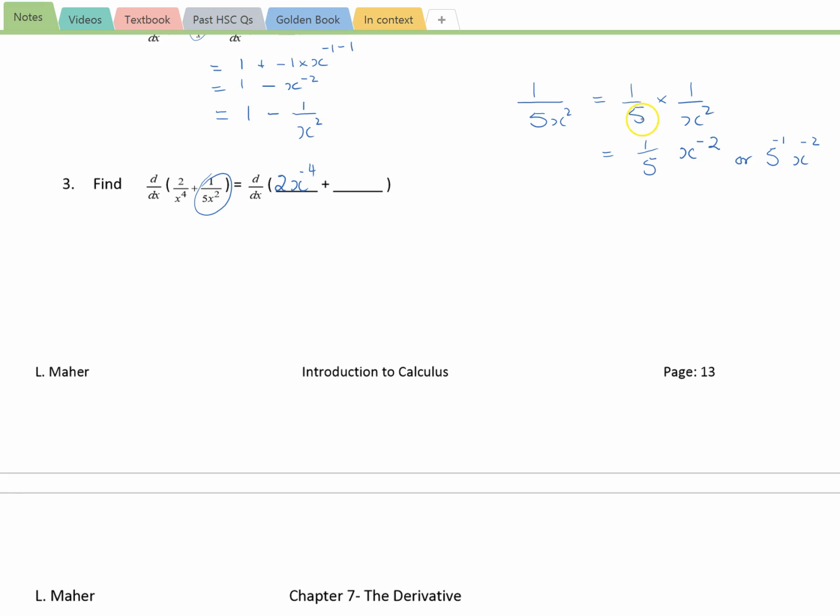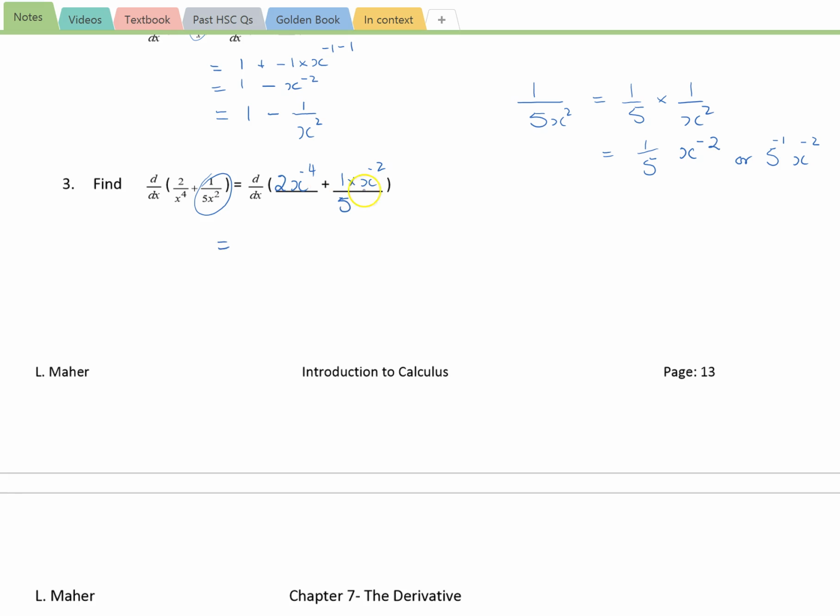If you insist on bringing the 5 up out of there, which is unnecessary, you must call it 5 to the minus 1. And of course, x squared in the denominator becomes x to the minus 2 in the numerator. I'm going to work with leaving the 5 in the denominator and call it 1/5. And I will have x to the minus 2 in the numerator.